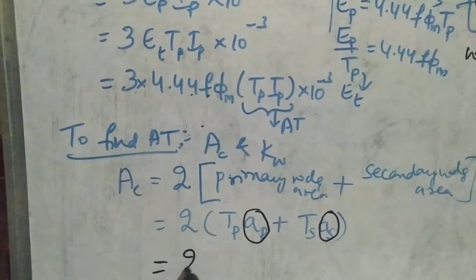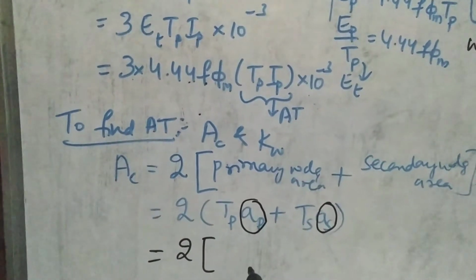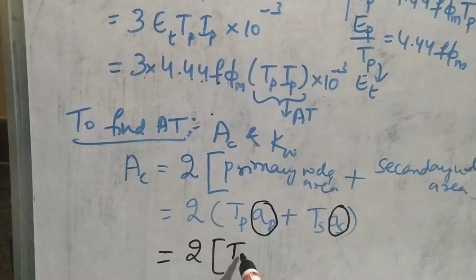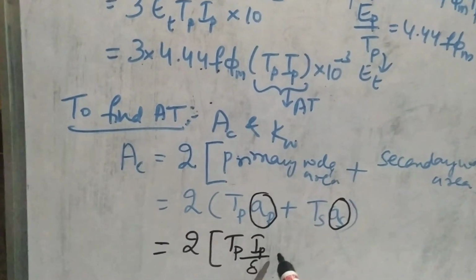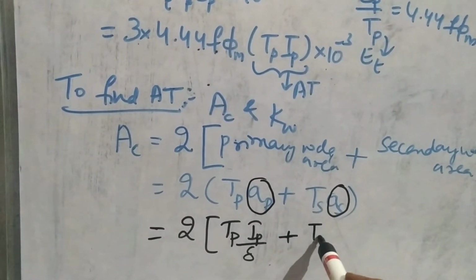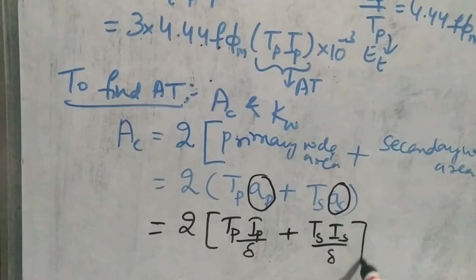So it becomes 2 times TP into the current IP divided by delta, plus TS into IS divided by delta.